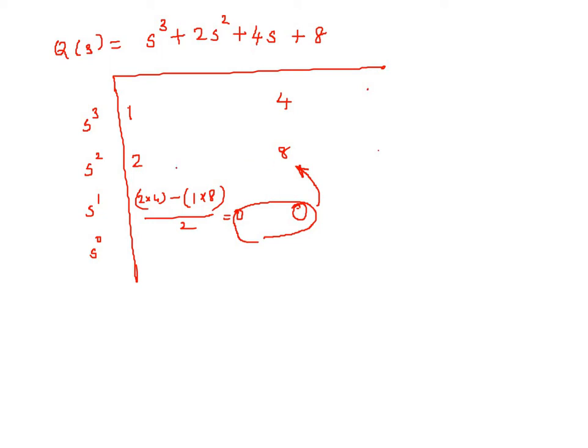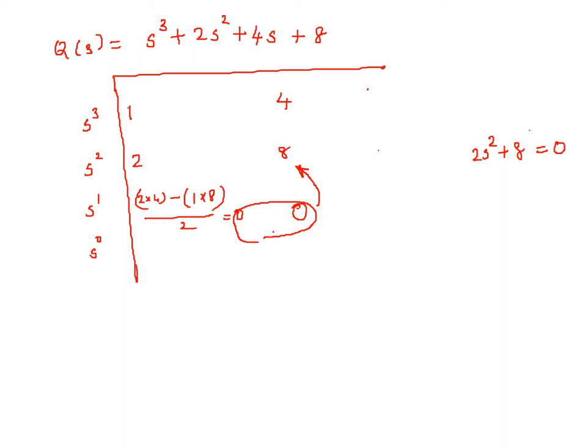Here the coefficients are 2 and 8. Corresponding to s square, the coefficient is 2, and corresponding to s raised to 0, the coefficient is 8. So we can write the equation corresponding to this row, that is 2s square plus 8 equal to 0.